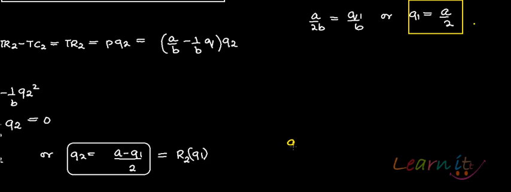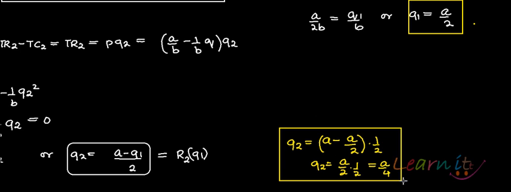So Q2 is A minus A by 2, all of this into 1 by 2. This is what you have. So basically you have A by 2 into 1 by 2, which is A by 4. So Q2 is A by 4.